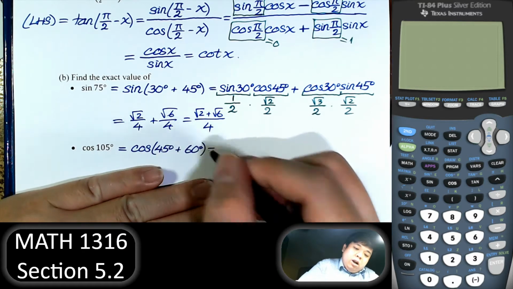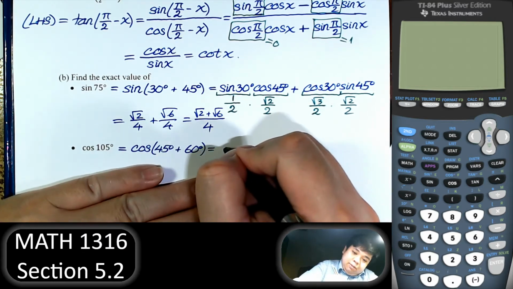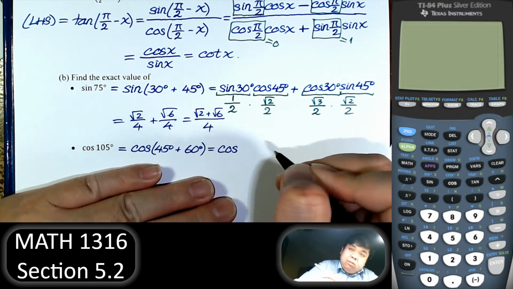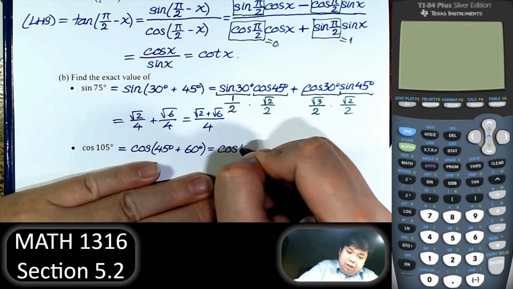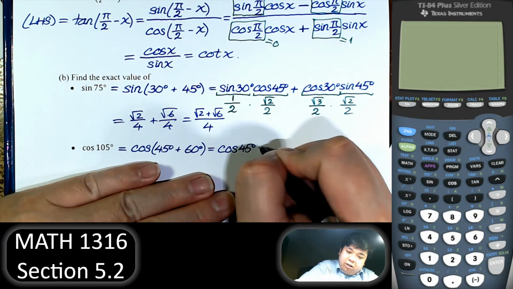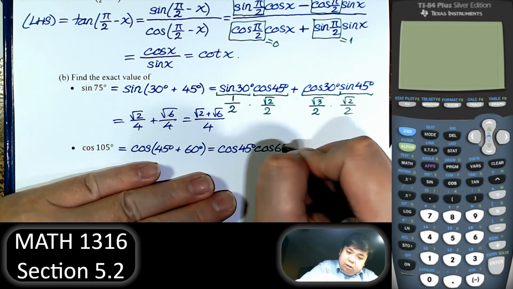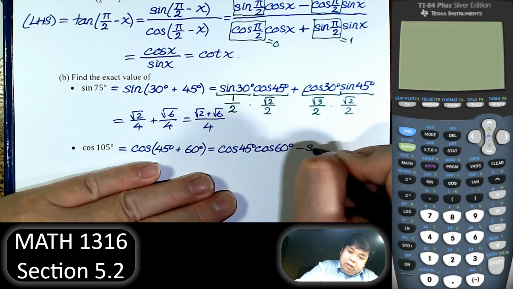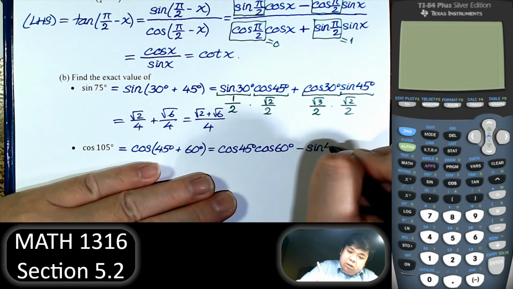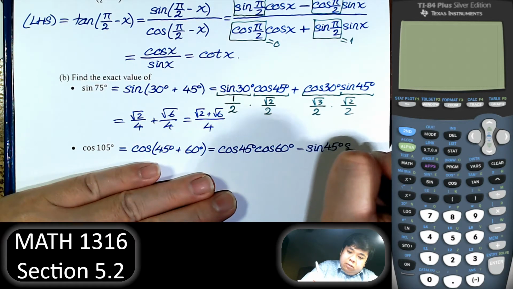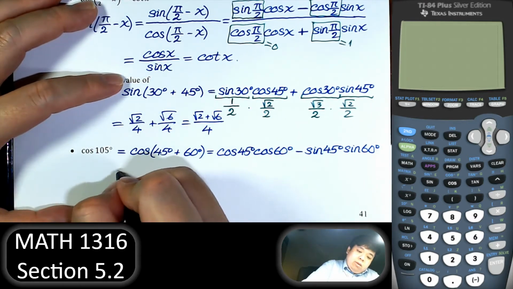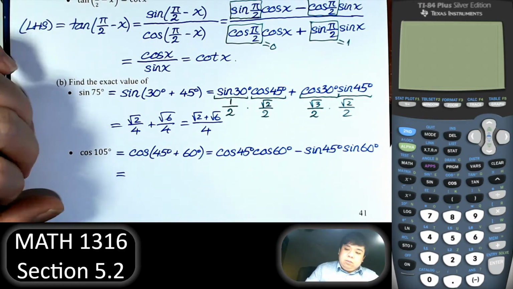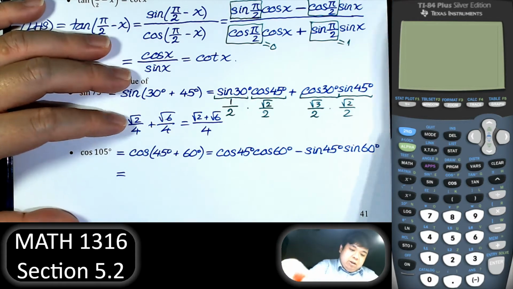Cosine of a sum: cosine, cosine, product of the same function, subtract. Now we just find the values.